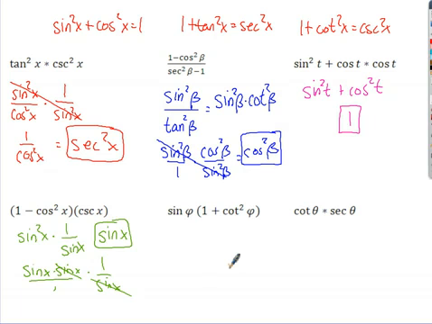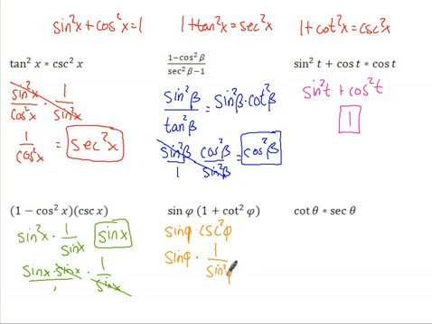Right, the next example, we have sine of phi times 1 plus cotangent squared phi. Once again, let's look to the Pythagorean identities. 1 plus cotangent squared is the same as cosecant squared, so I can rewrite this as sine of phi times cosecant squared phi, and that's the same thing as sine of phi times 1 over sine squared.